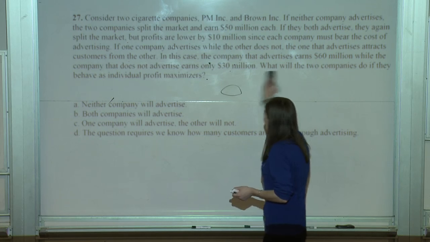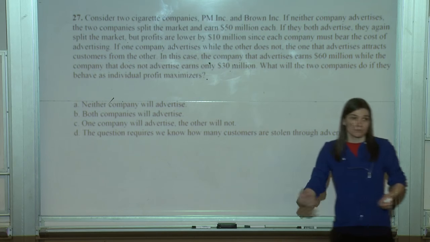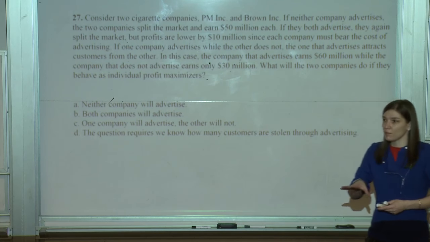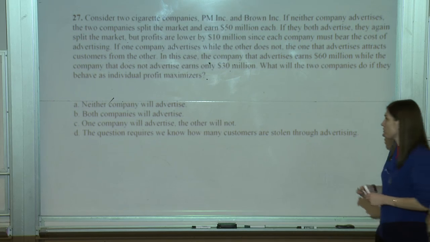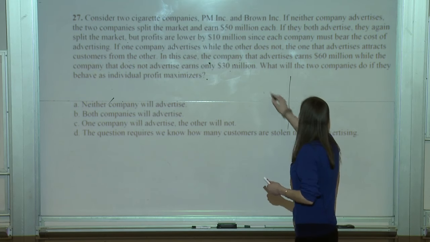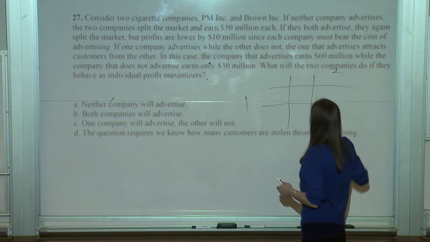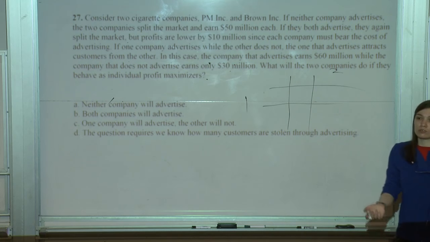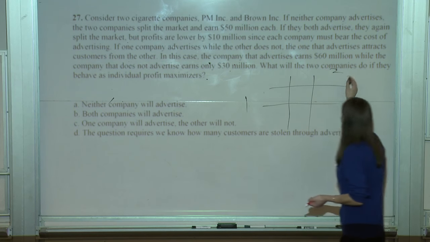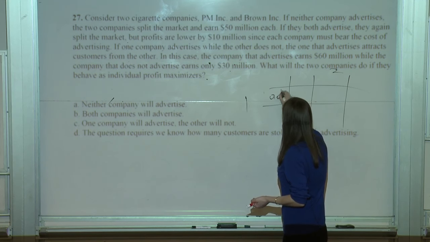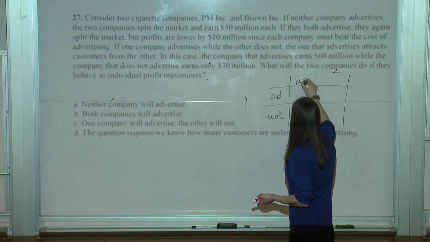Okay. So this is a game that's given in words, so I need to put it into a table. We do that, then we can solve as any other game. All right, so I have company 1, company 2. They have 2 choices, advertise or don't, right?